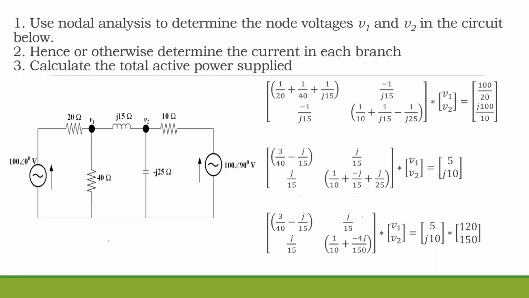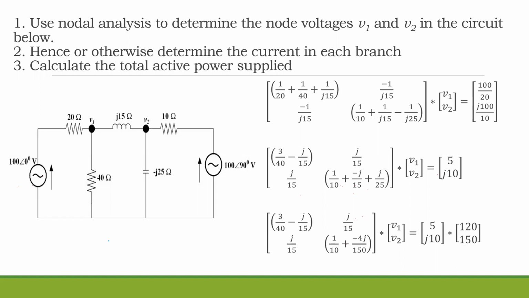For V2, where you had j100 over 10, I know that you divide the voltage by the resistance, like the 100 over 20, I understand that. But for the next one, how did you get j100 over 10?